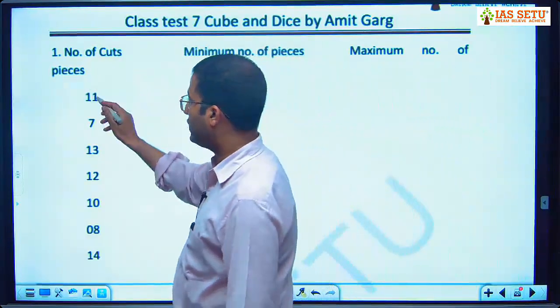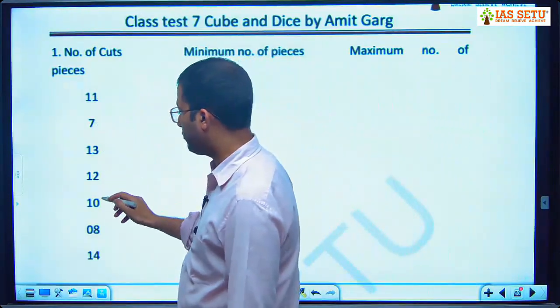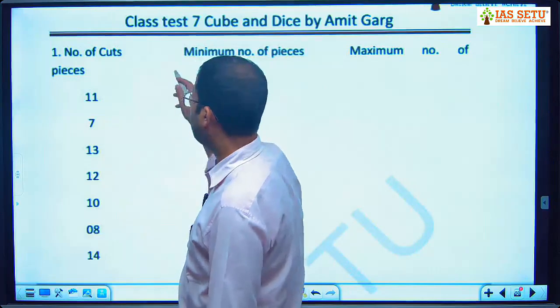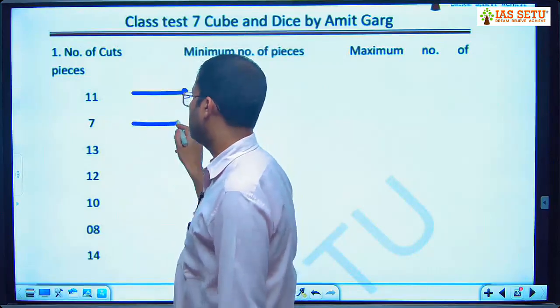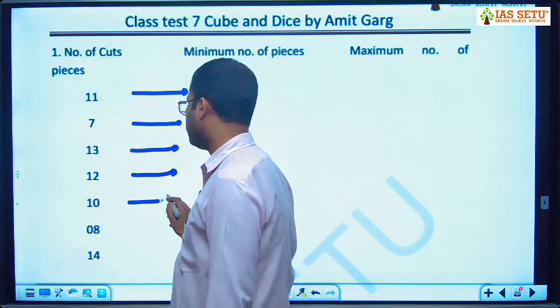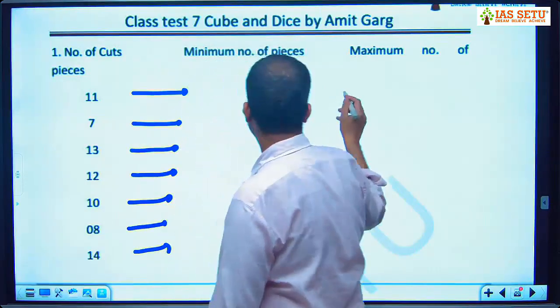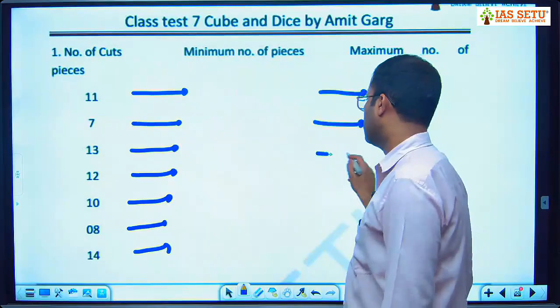These are number of cut 11, 7, 13, 12, 10, 8, 14. You have to find minimum pieces. What are the minimum pieces possible? And you have to find what are the maximum pieces possible.